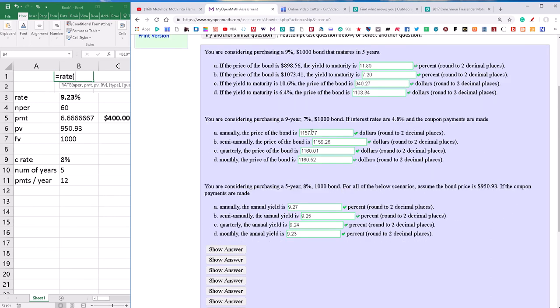Okay? And the reason why that is, think about it. If you have to wait a whole year for a $70 payment, would you be willing to pay a slightly higher price to get half of that 6 months earlier? I think so, right? So you'd be willing to pay a slightly higher price on the bond. If it's an identical bond, you'd be willing to pay a slightly higher price, almost $2, maybe $1.50.